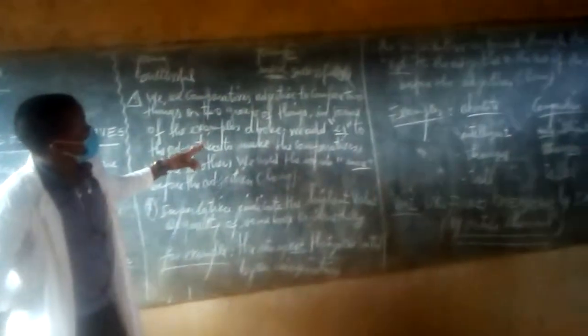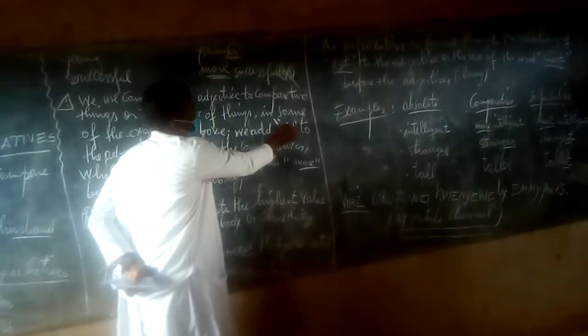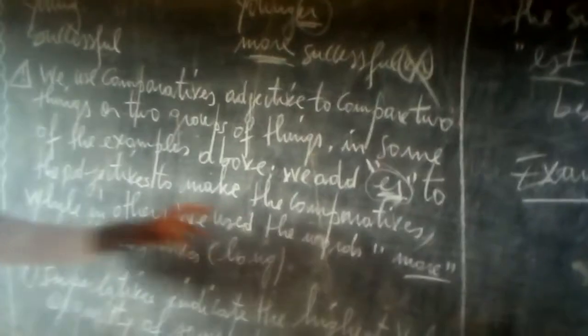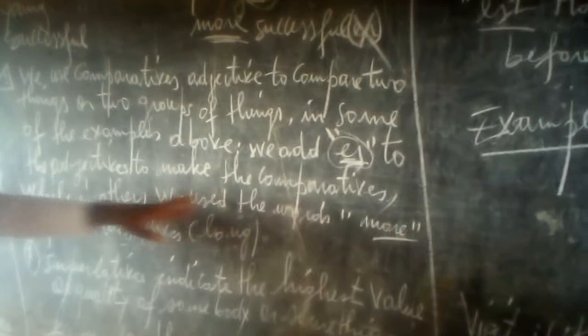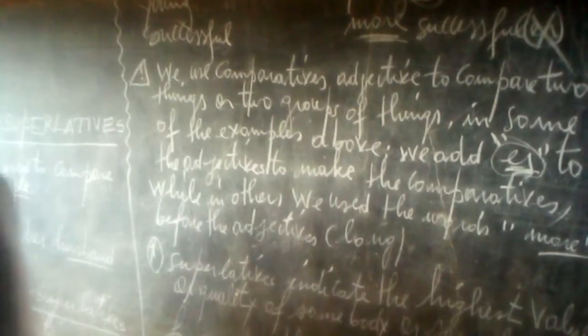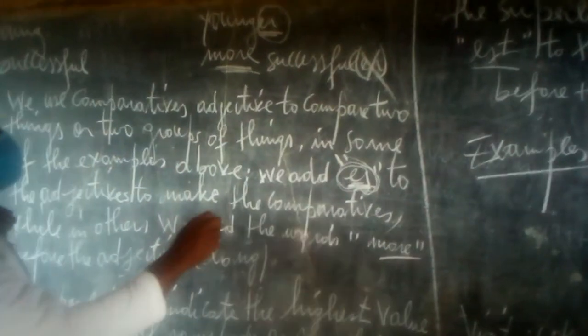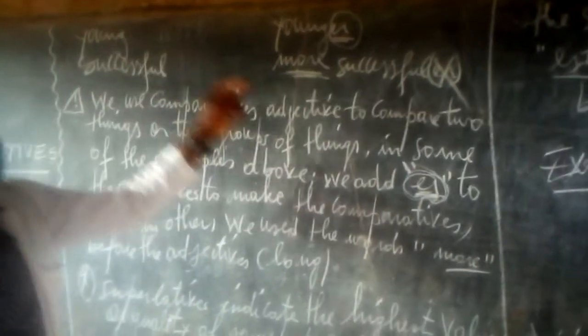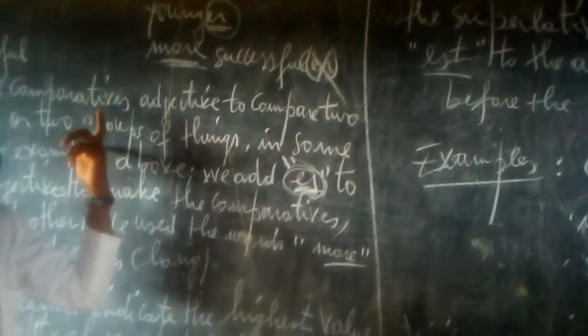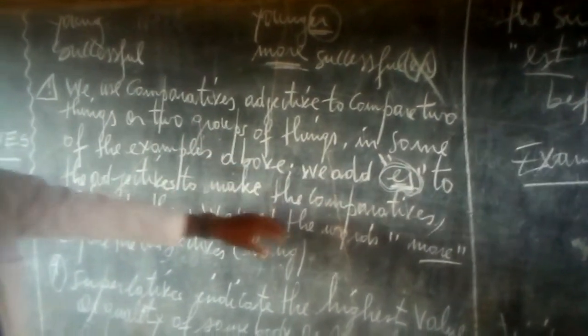In the examples above, we take an absolute adjective and we add ER to the adjective to make the comparative.